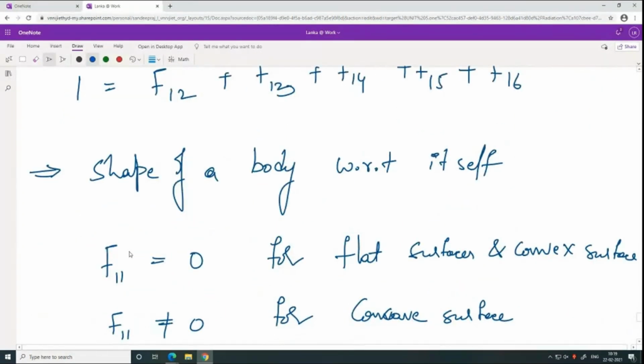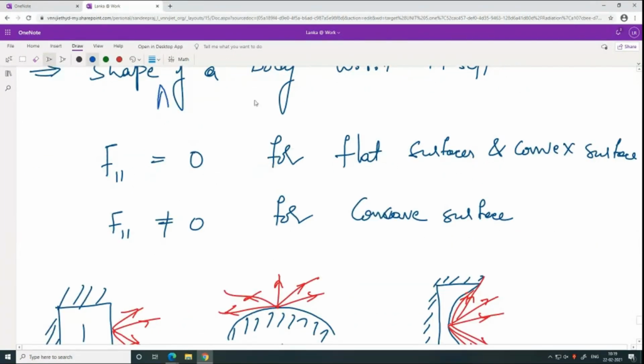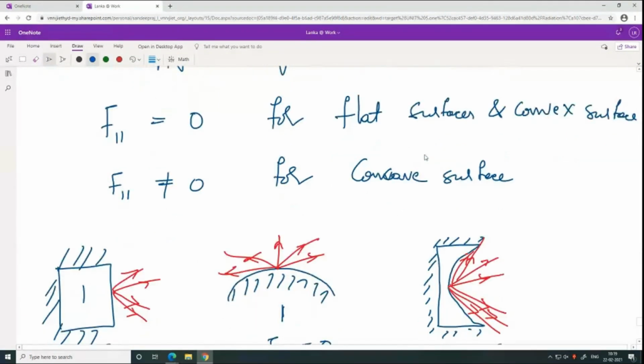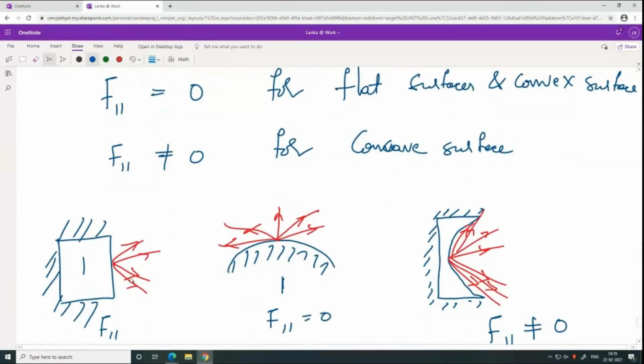The shape factor of a body with respect to itself: F11 will be equal to 0 for flat surfaces. If I take a flat surface like this, then F11 will be equal to 0.